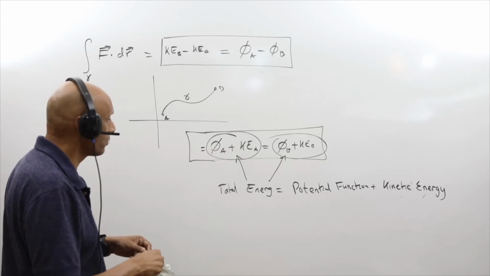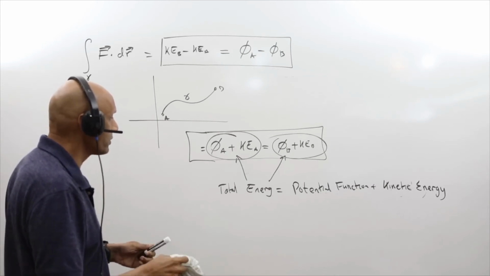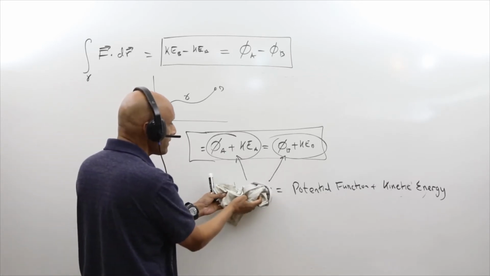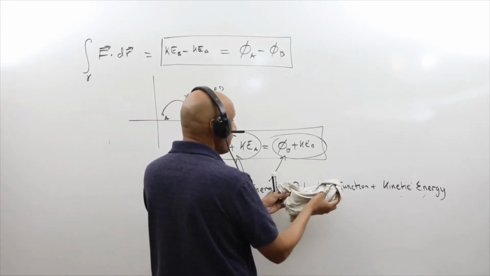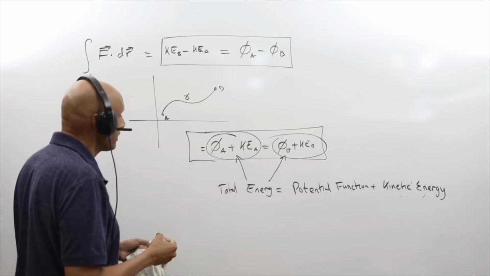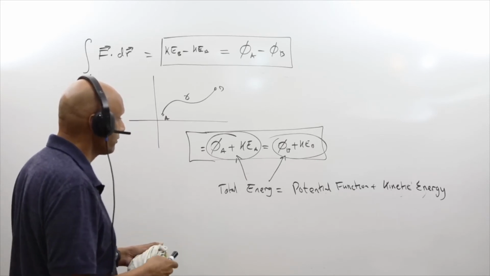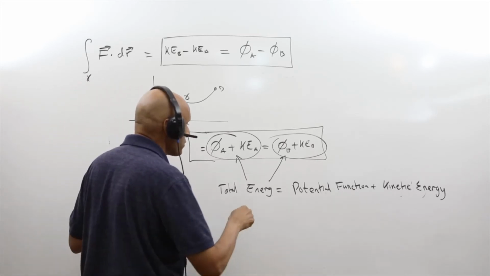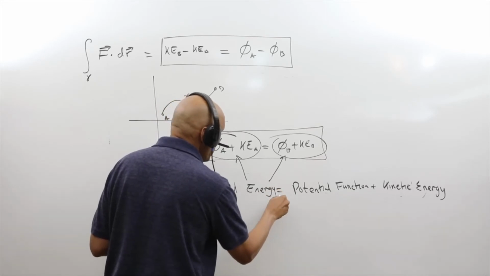So this concept of total energy doesn't make any sense until we start working with conservative fields, and once we do, we have the notion that total energy is being conserved. I can't spell energy properly, so.